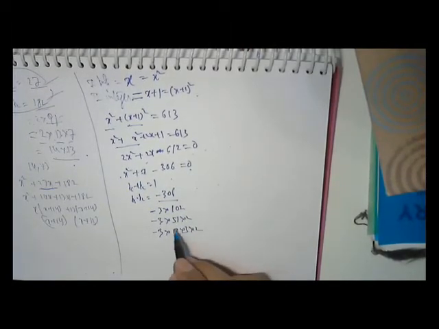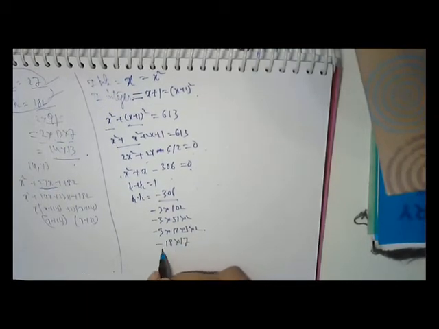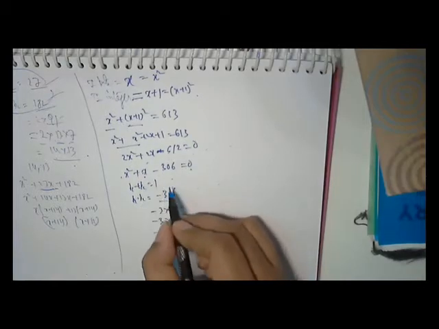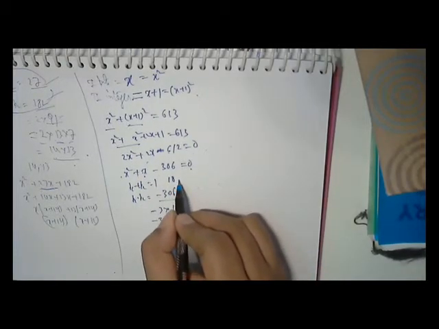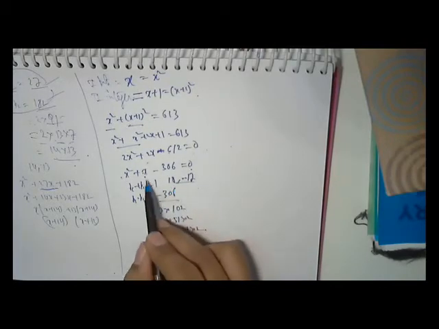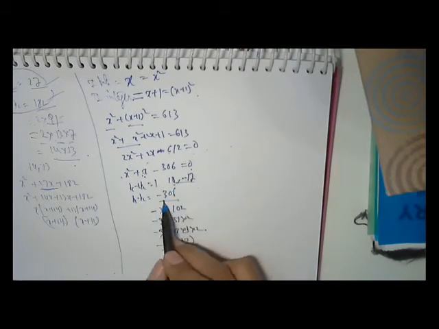So 3 threes are 9, 9 twos are 18. So minus 18 into 17. So what is minus 306? Minus 18 into 17, so that the difference is 1. So b1 is 18, b2 is minus 17. 18 minus 17 is 1, and 18 into minus 17 is minus 306.